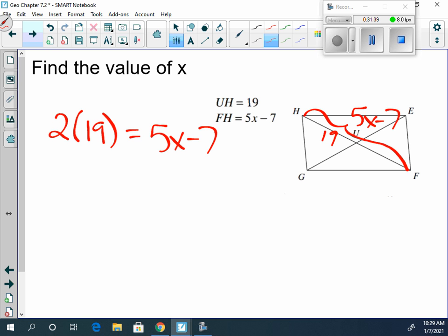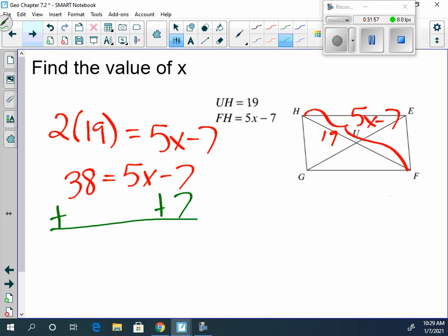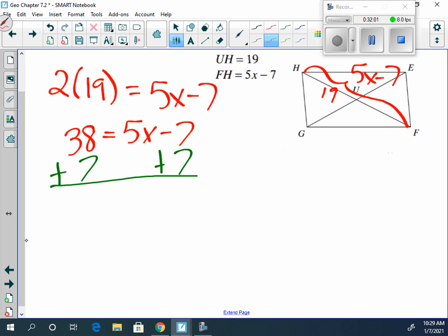Okay. Well, now we just need to solve. Well, 2 times 19 is 38. Well, we need to get x by itself, so the first thing we would do is add 7 to both sides.